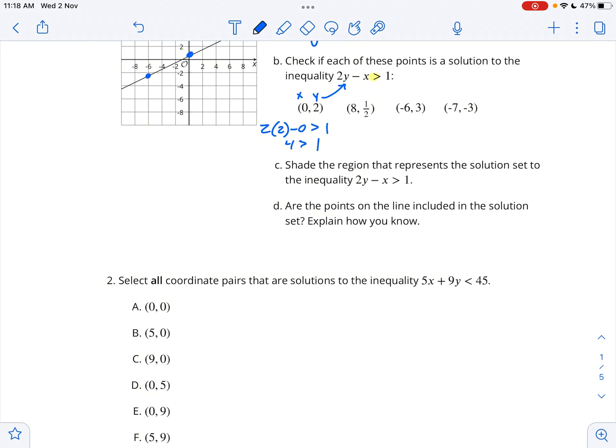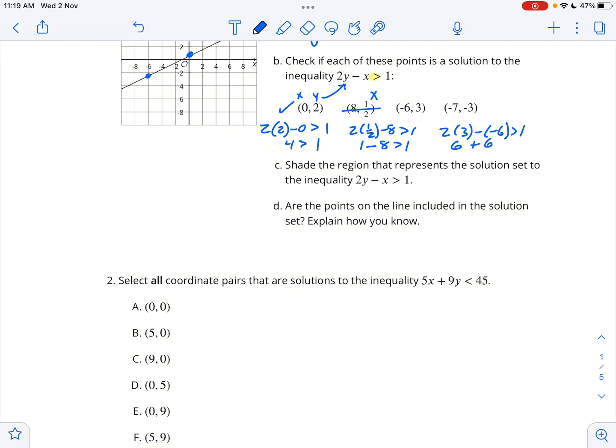So that one works. Second one, 2 times 1/2 minus 8. Is that greater than 1? Nope, because I'm going to get 1 minus 8, which is -7, which is not greater than 1. So that one doesn't work. Let's cross it out. The next one, let's do 2 times 3 minus -6. Is that greater than 1?